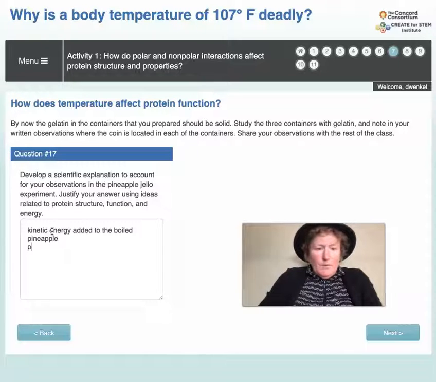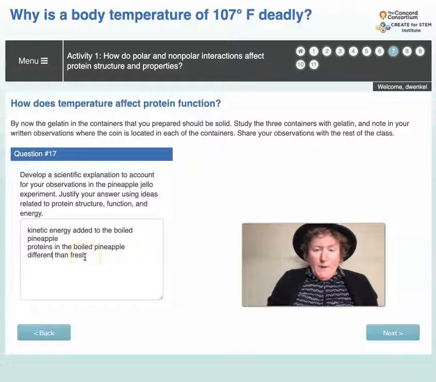And let's think about the proteins in the boiled pineapple, how they might be different than fresh pineapple, because the fresh pineapple was not heated.